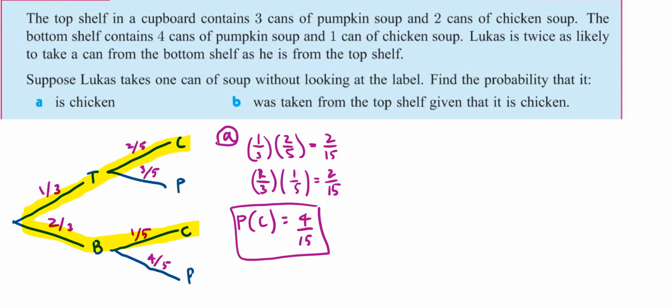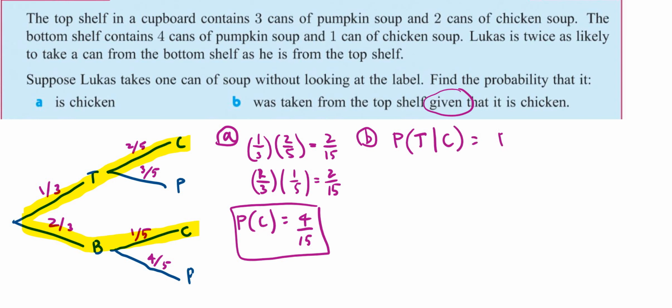All right, now let's look at B. What is the probability that soup was taken from the top shelf given that it's chicken? So let's translate this into our probability notation. It's going to be a conditional because it has that word given in it. So probability that it came from the top shelf given that it was chicken.